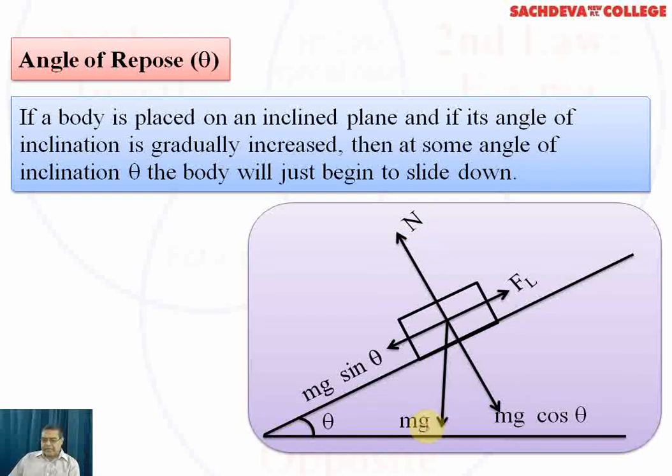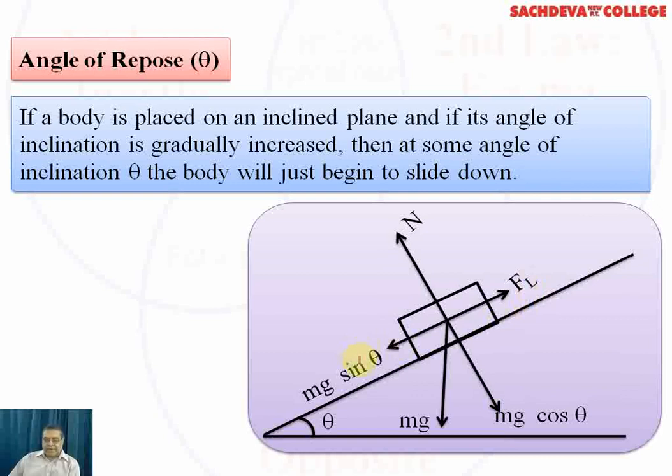Now mg can be resolved into two rectangular components. The angle between mg and mg cos theta will be theta, the same as the angle of inclination of the plane. Now N is balanced by mg cos theta, and mg sin theta and FL are in opposite directions. The force of limiting friction is in the direction FL, and mg sin theta is opposite to it.